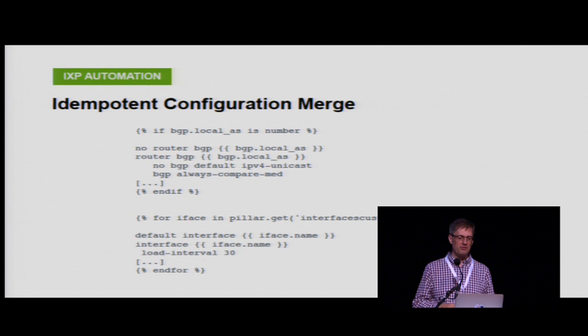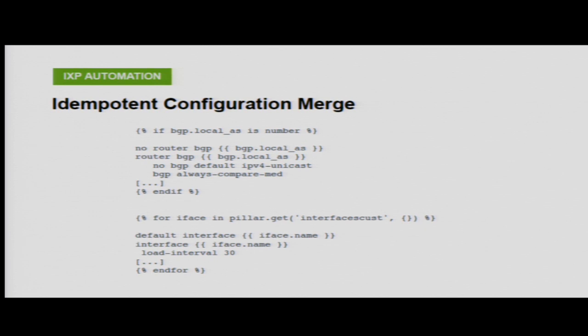Okay, idempotent configuration merge. This is one of the coolest things you've ever come across. When you are defining interface configuration in your templates, you can blast away old configuration. So we start all of our configuration with, for example, no router BGP, and then we define a completely clean router BGP section.